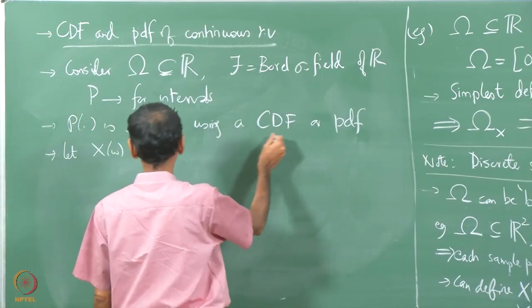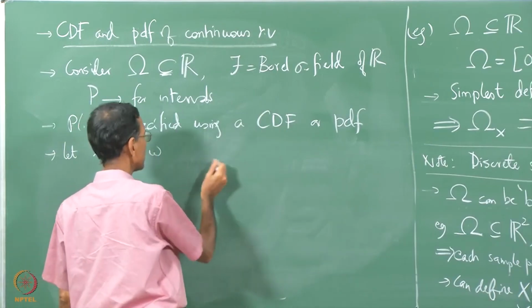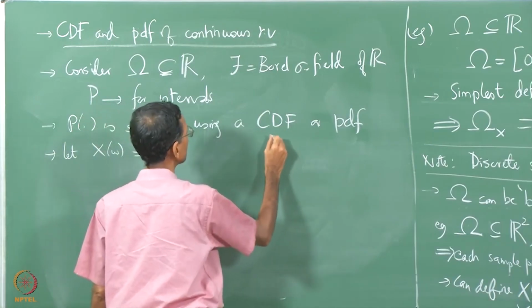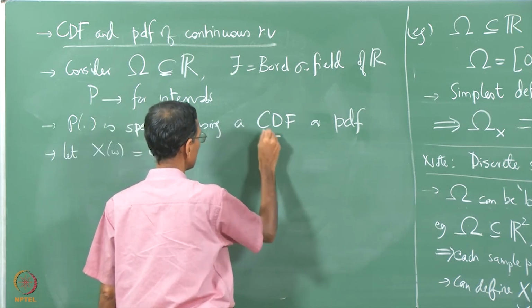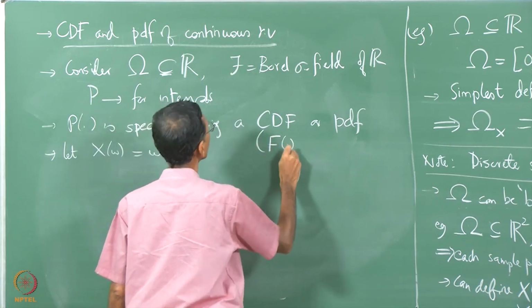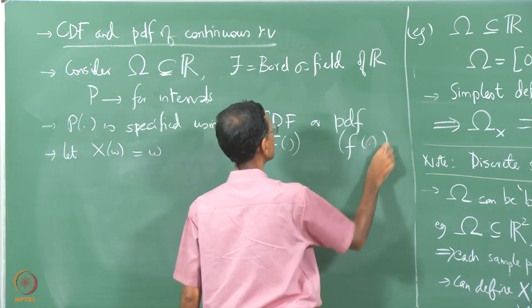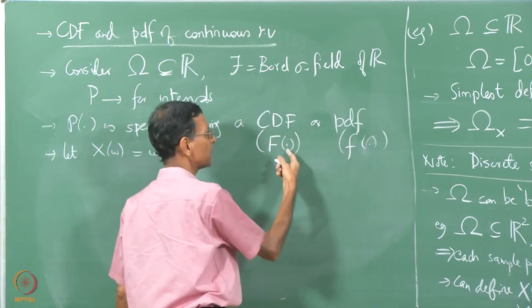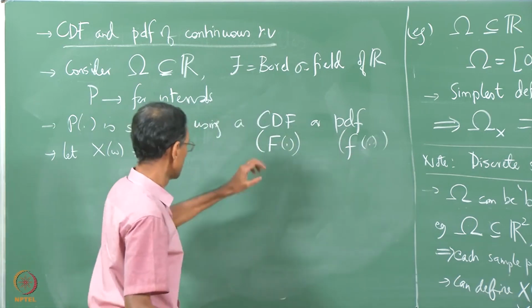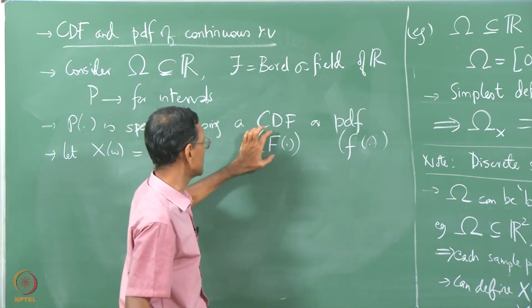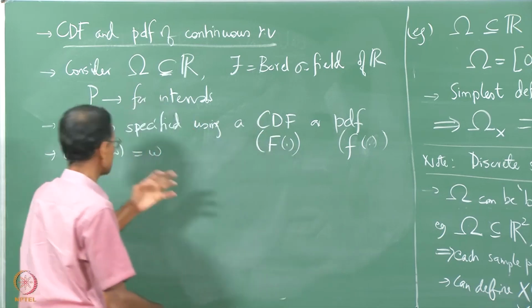Now I need to bring in the notation here for CDF. So the CDF we will denote in general with the script capital F and the PDF with a small f. These are functions, that's why I am not putting the name of an argument here. So the CDF is denoted by this capital F. So what is the CDF, right?